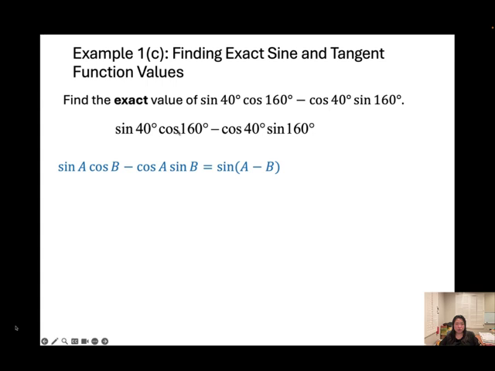Sine A cosine B minus cosine A sine B will be equal to sine of A minus B. So this is going to be your A, this is going to be your B. So I have 40 degrees minus 160. You should get sine of negative 120 degrees. And then sine negative 120 will be negative sine 120. Sine 120 will be equal to root 3 over 2. Okay, negative root 3 over 2.